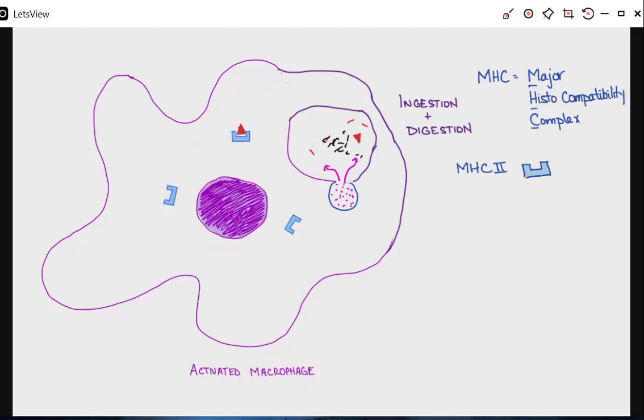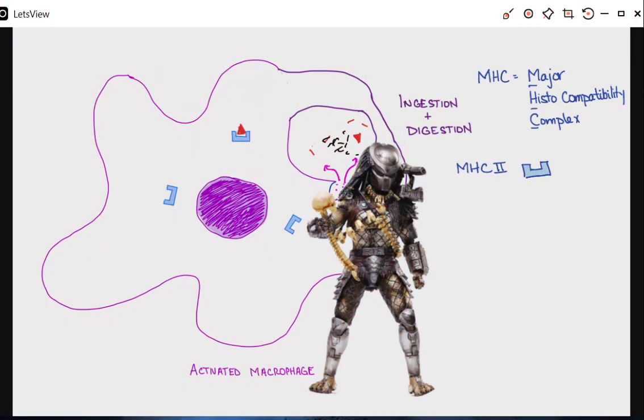Now MHC II is something of a trophy case for these antigens. And the way I think of this is very similar to the Predator movie and franchise. So if you're familiar with Predator, it's based on an alien species that goes around the galaxy and kills for sport, and then collects the skulls and displays them as trophies.